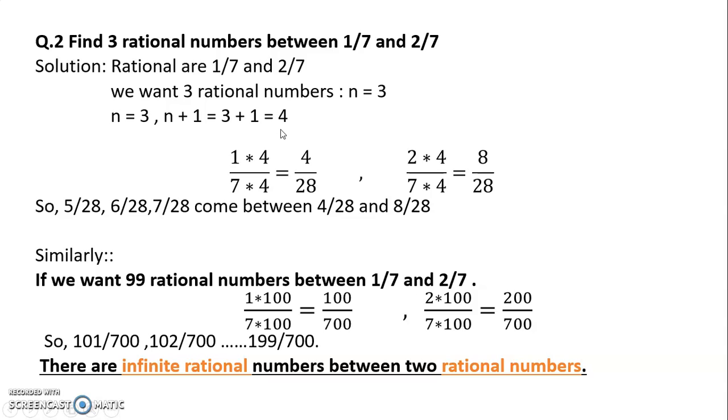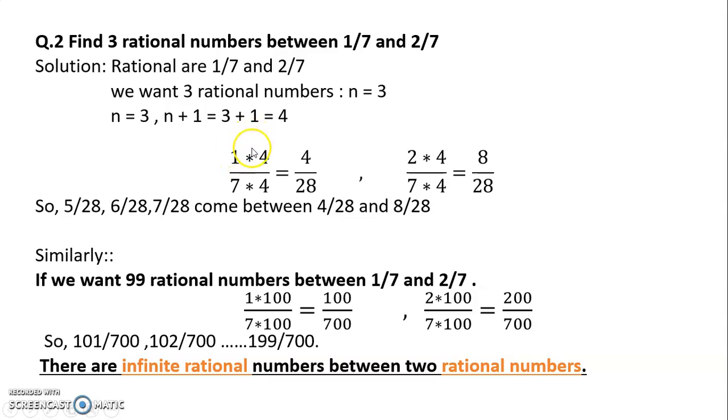Now what you have to do, you have to take this number 4 and multiply the numerator and the denominator of the given rational numbers. Two rational numbers are given, and you have to take this n plus 1, in this case it is 4, and multiply the numerator and the denominator with this number.